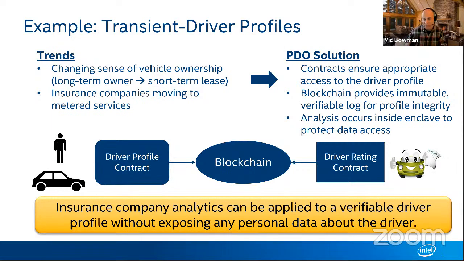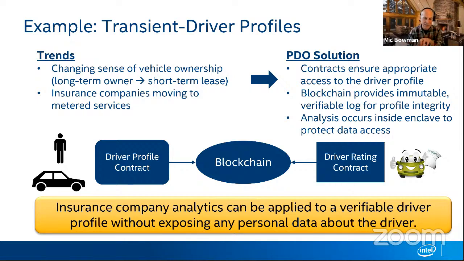We create a PDO for the driver contract, or for the evaluation insurance quote analysis. And then we provide a means to bind those two together so that the insurance contract can perform operations on the driver profile data without ever exposing that information back to the insurance company.